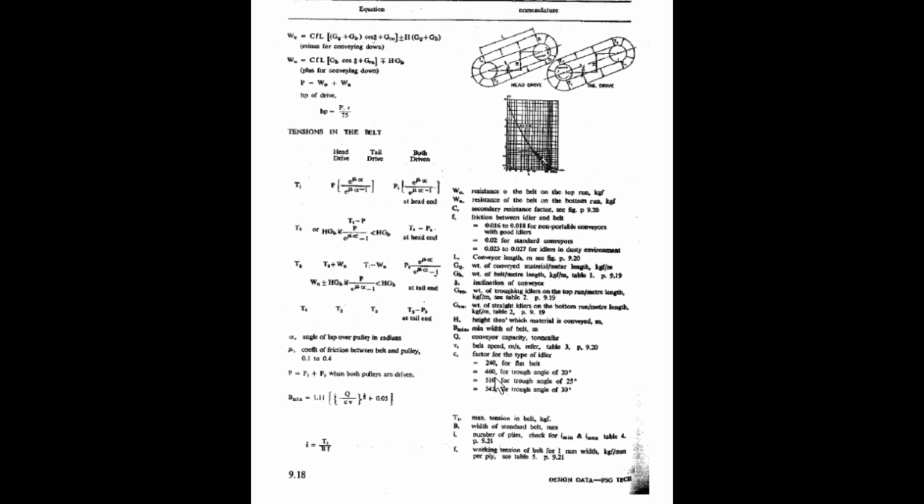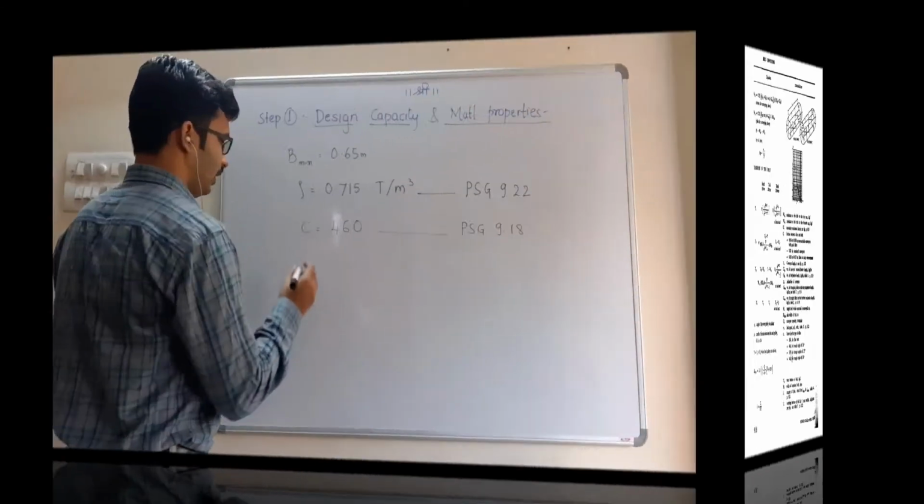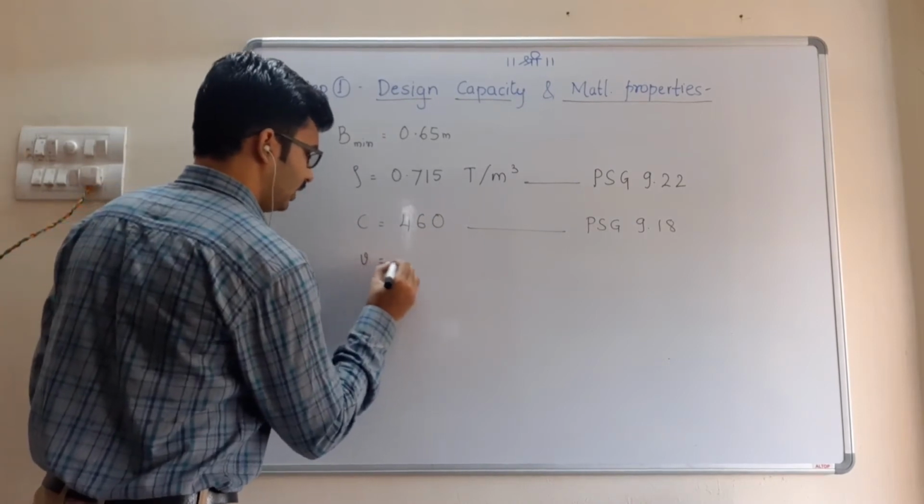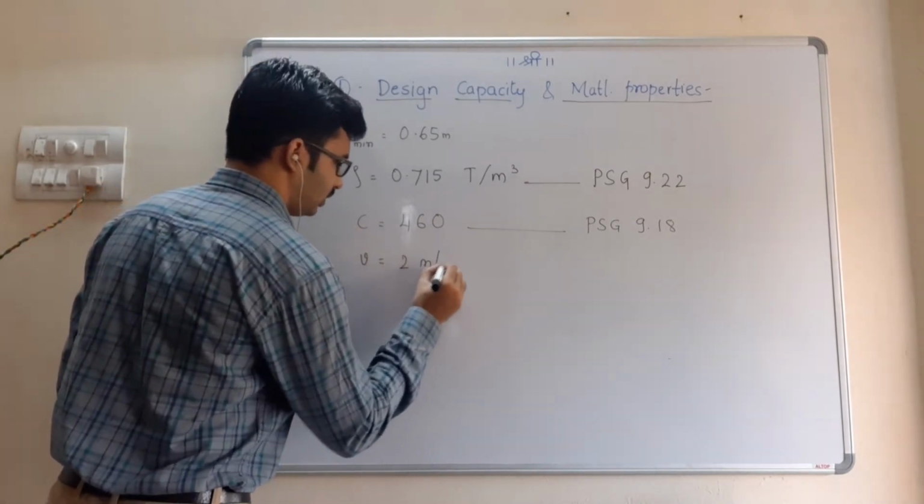Here the trough angle is given as 20 degrees, so we will take C, the factor for the type of idler, as 460, and velocity we have considered as 2 meters per second.